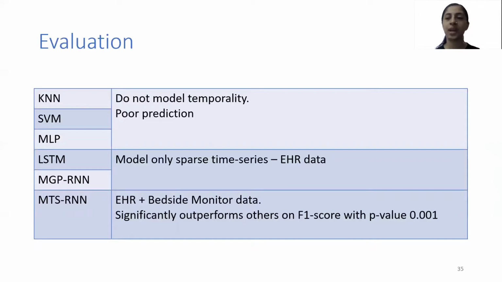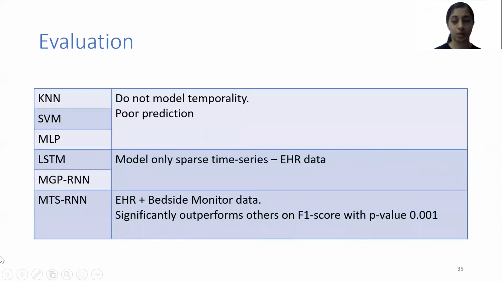As for the LSTM and MGP-RNN, they model only the sparse time series from the EHR data, as we mentioned that they cannot handle the high 125 Hertz frequency of the ECG data.